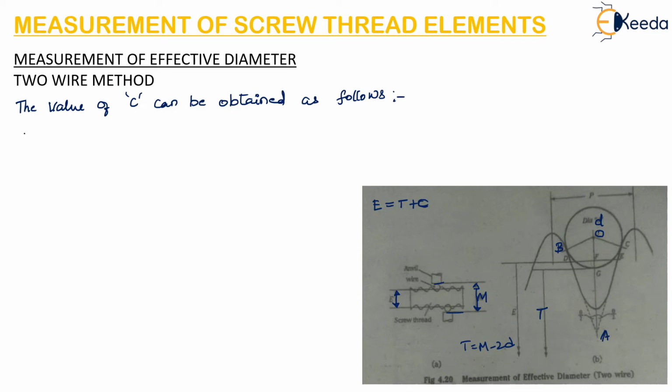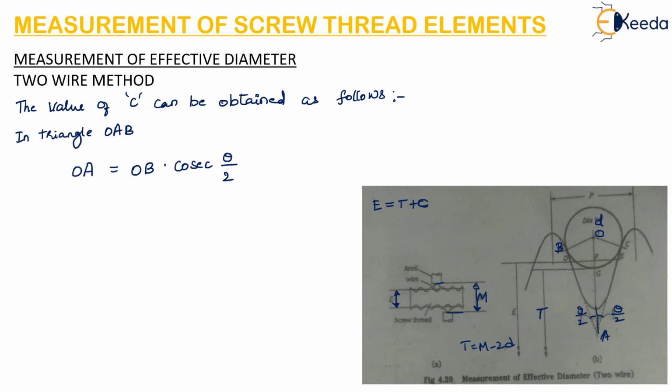We can write OA is equal to OB into cosec of theta by 2. Here, if the full angle is theta, then this half angle is theta by 2.